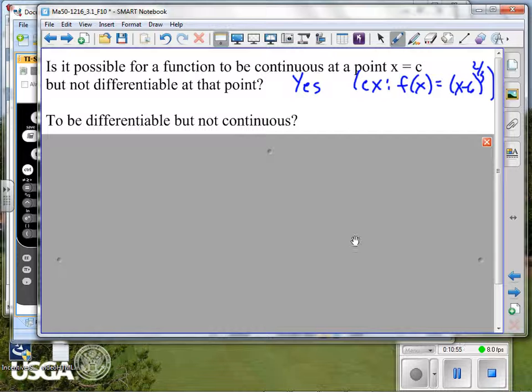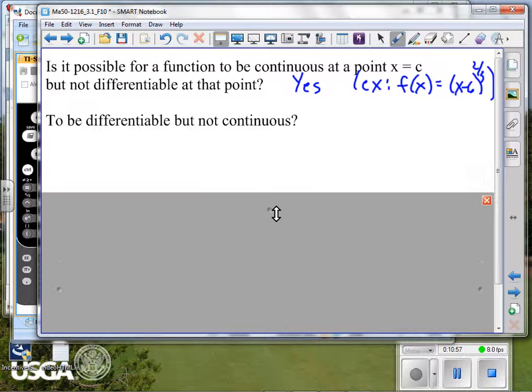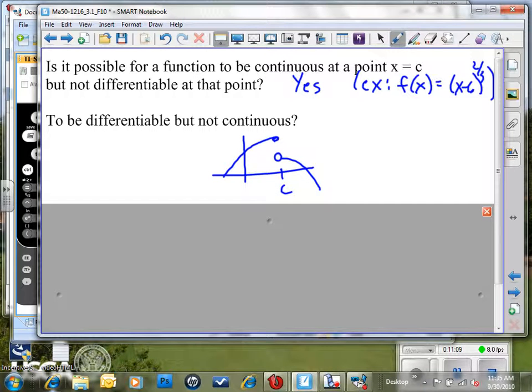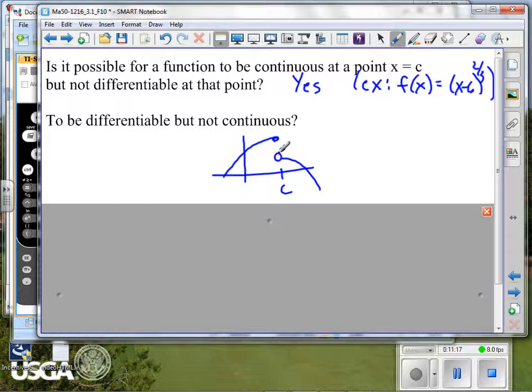That's the other question. Let's take a look at this. If we have a function, let's say, that looks something like this. Obviously not continuous, right? Is it differentiable? The problem is you don't have a point here.